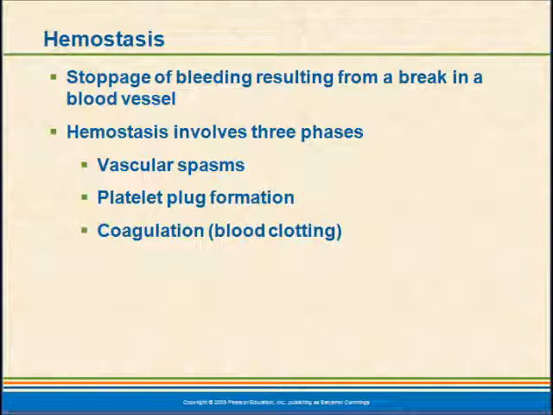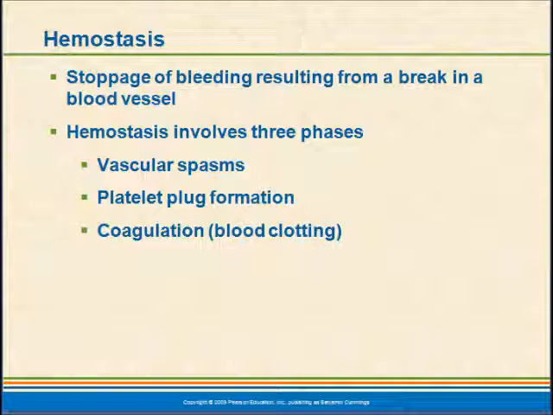We have a vascular spasm. That is, the blood vessels in the area of the damage constrict, that cuts down on the blood flow out of the area. This prevents materials from being carried away from the site. It also allows blood to come in and pool, and we can get some repair mechanism going on.